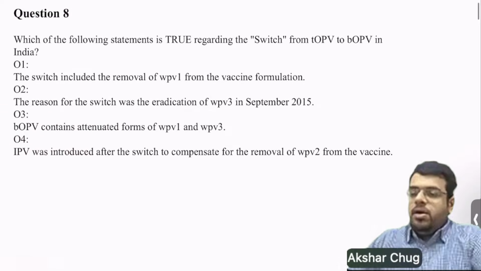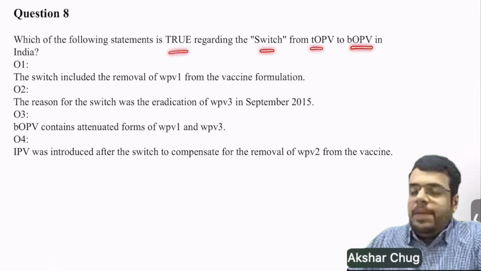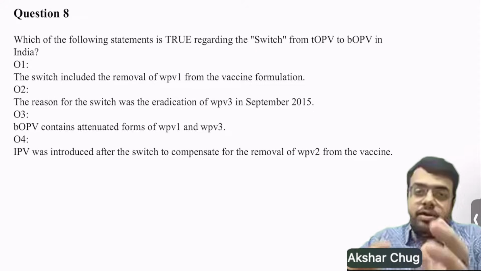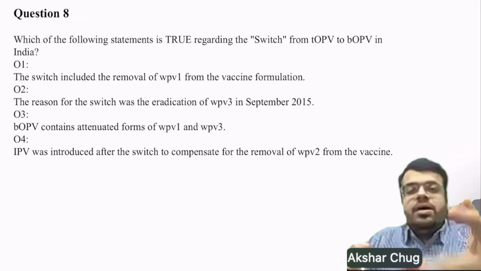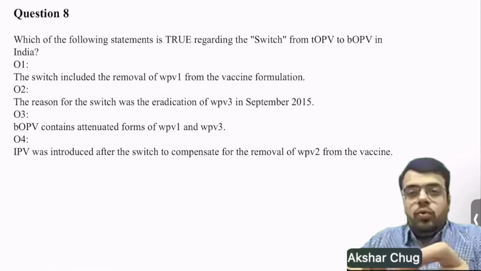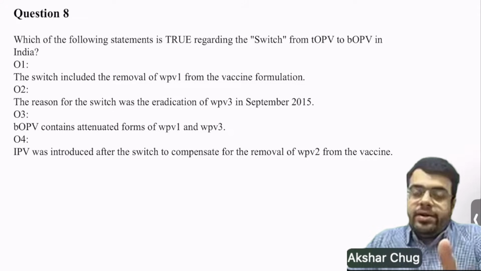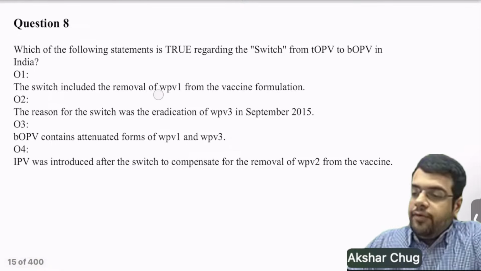Which of the following statements is true regarding the switch from trivalent to bivalent OPV? Now we know that around 2016, there was a switch from trivalent to bivalent OPV in which we removed the second wild polio virus, WPV2, which was removed because it was associated with vaccine-derived polio virus. The switch included removal of WPV1?